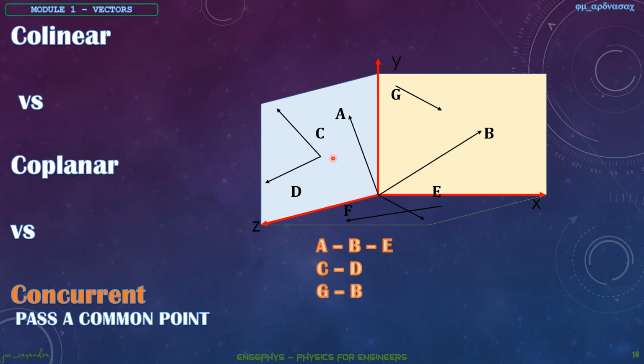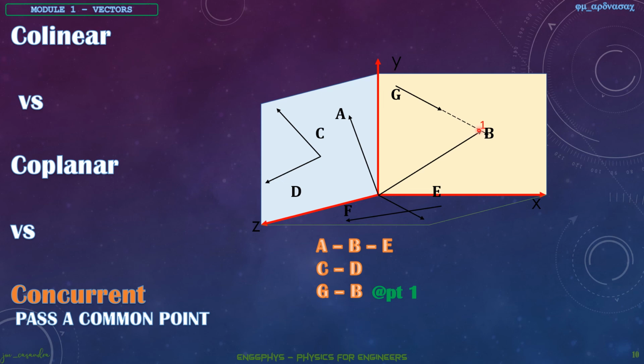So we have now GB. So why are vectors G and B concurrent? They are not naman intersecting. So if I will now extend vector G, or the line of action of vector G, until it reaches point 1, we can see that we will be intersecting at this point.